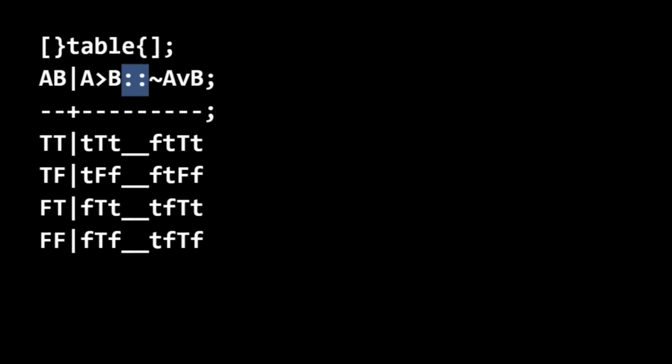Now, another way of looking at logical equivalence is that it is a bidirectional claim of logical consequence. So it goes both directions. It's saying under every interpretation where the left-hand statement is true, the right-hand statement is true, and also under every interpretation where the right-hand statement is true, the left-hand statement is also true.